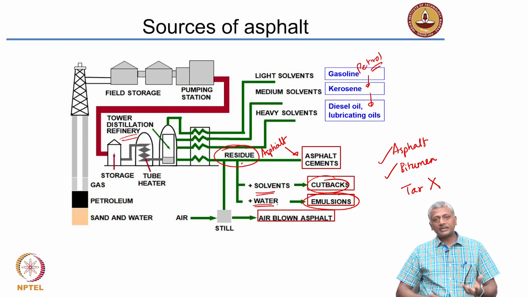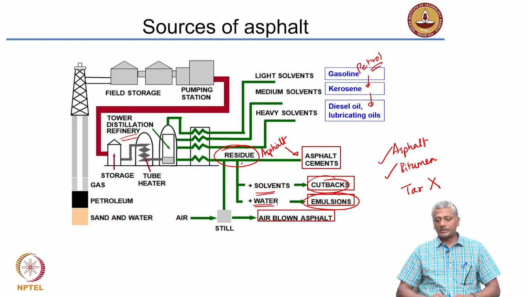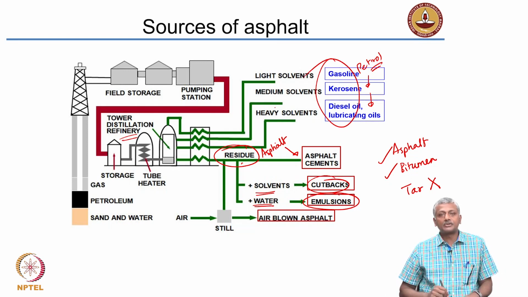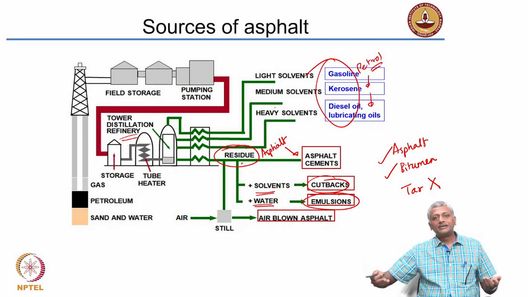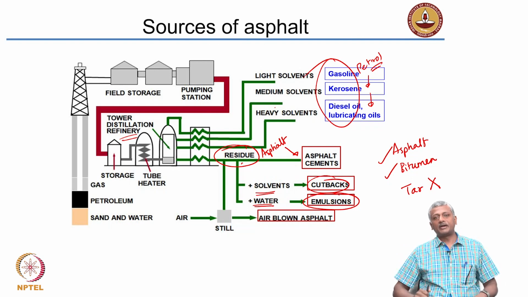A cutback, on the other hand, means asphalt is dissolved in an organic solvent. What solvents will dissolve asphalt? All these solvents will dissolve asphalt: gasoline, kerosene, diesel, and so on. So, you dissolve it in that solvent, mix it with the aggregate, lay it on the road and compact it. The solvent will volatilize and the asphalt will remain behind.